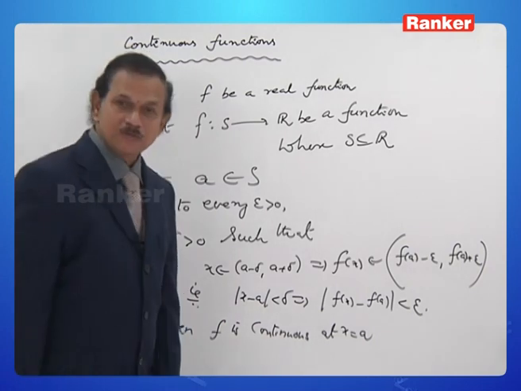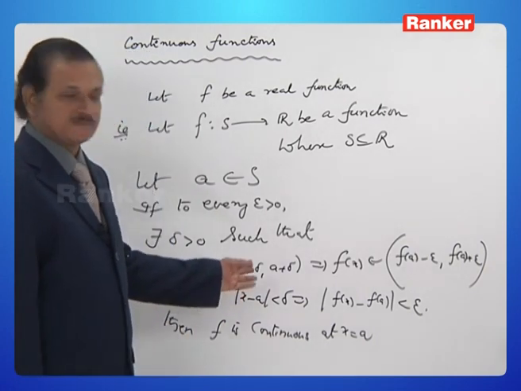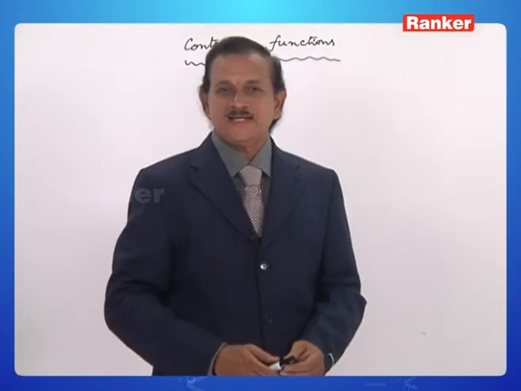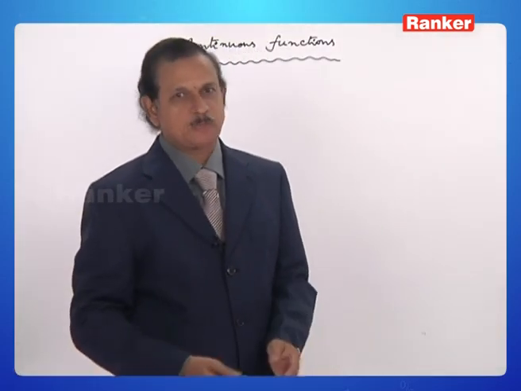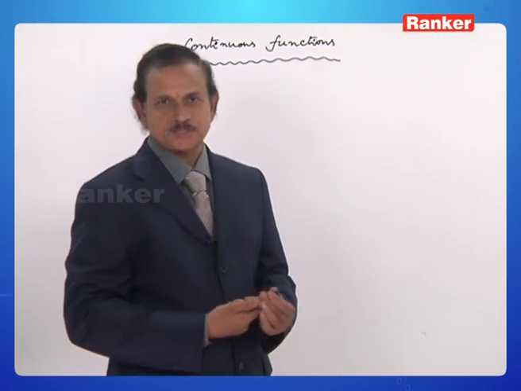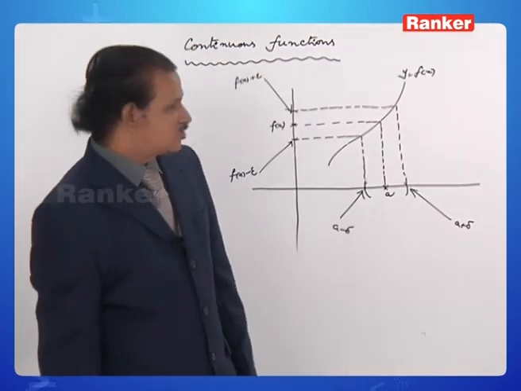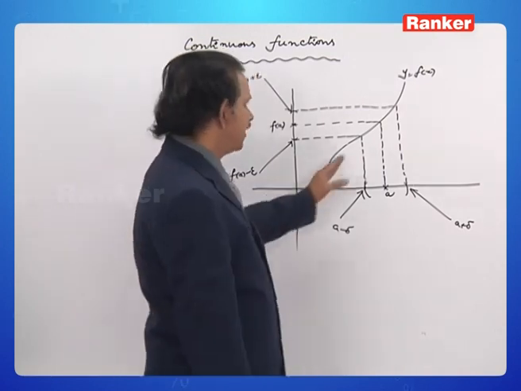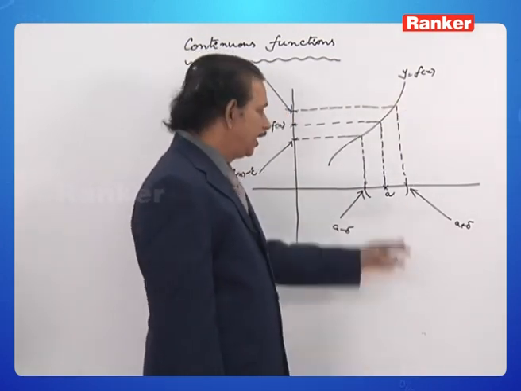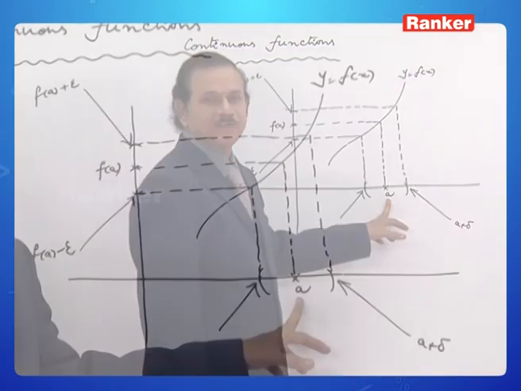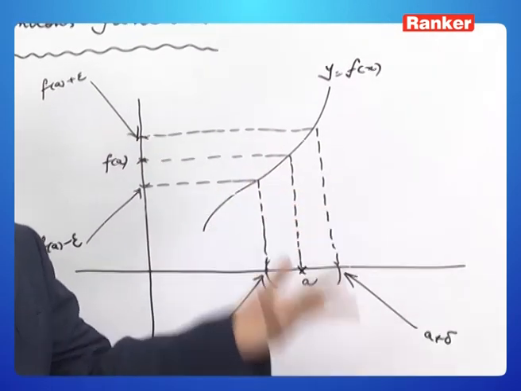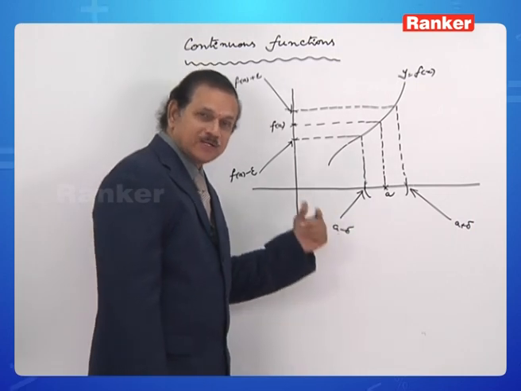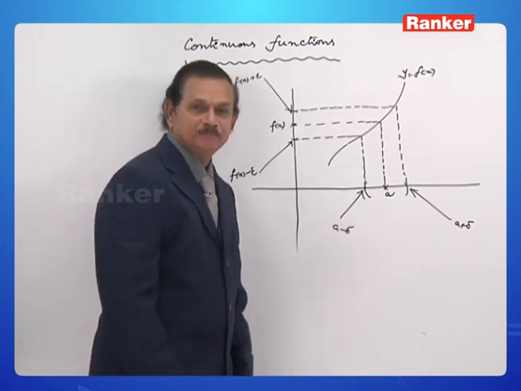Let us now try to have the pictorial meaning of this sentence. Let us see the graphical explanation of the definition of continuity. Well, let us observe the graph drawn on the board. This is the function y is equal to f of x. A is a point of the domain of f, that is f of A is surely defined. What can you observe from this diagram?